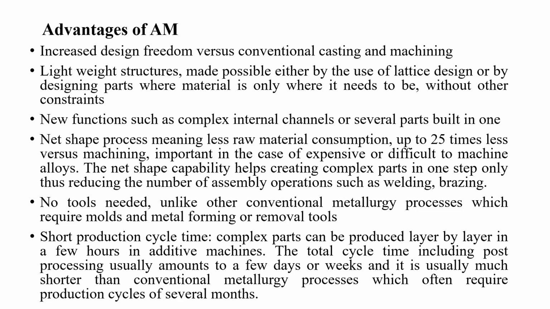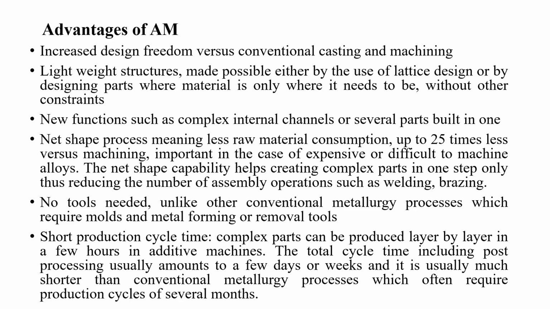No tools are needed, unlike other conventional metallurgy processes, which require molds and metal forming or removal tools. And the next major advantage is short production cycle time. Complex parts can be produced layer by layer in a few hours in additive machines.